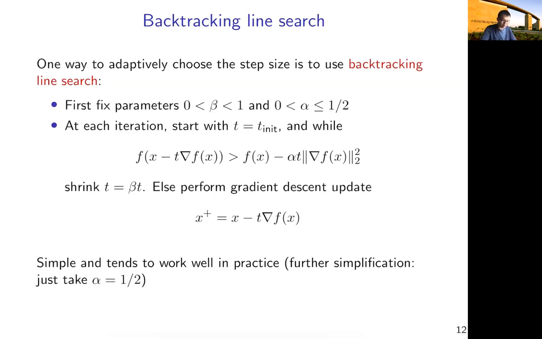Okay, so this approach is called backtracking line search. This procedure has two hyperparameters that we need to set: beta and alpha. Typically we set beta to be somewhere between 0 and 1. Without losing too much generality, we can basically set beta to be half. And alpha, we can also just set to be half, in fact.